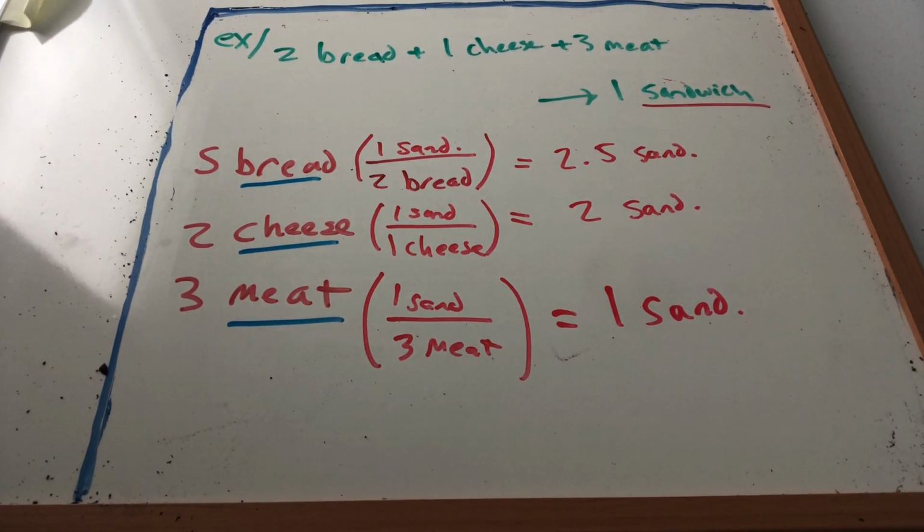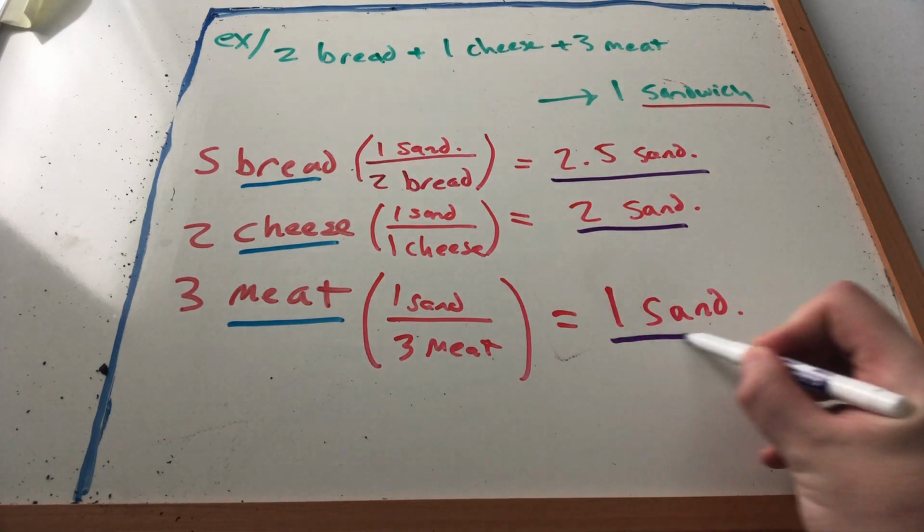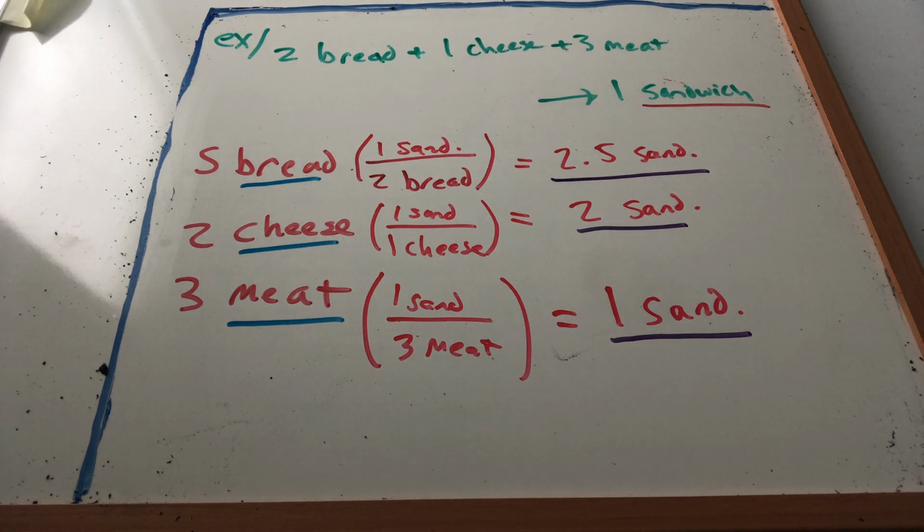Now look at, I made this point earlier. You cannot compare bread to meat to cheese, but you can compare sandwiches to sandwiches to sandwiches. These now have the same unit and identity, right? And that's what we're going for. Now these numbers I can compare, and whichever one is the smallest tells us how much of the product is made.